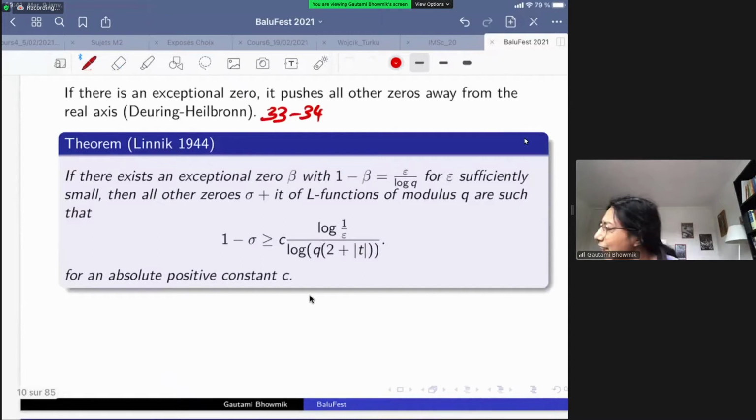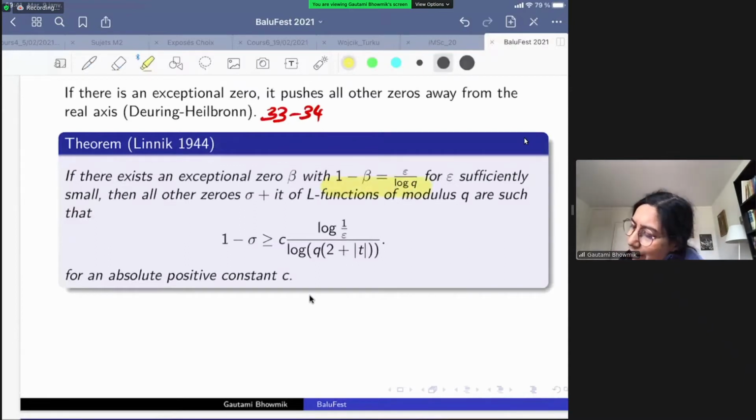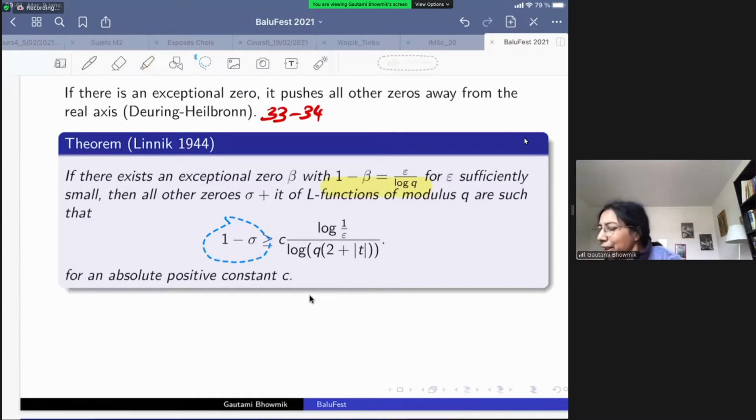And what does it say? That if there is an exceptional zero, beta, we call it beta, and with this property that 1 minus beta is less than epsilon divided by log q, and epsilon is rather small, then all other zeros, for a given L function with a modulus q, are going to be such that 1 minus sigma is bigger than some constant c times log 1 by epsilon divided by log of q times 2 plus absolute value of t.